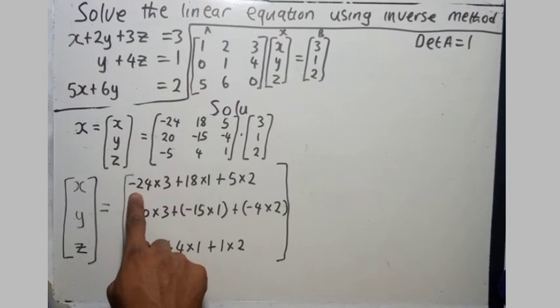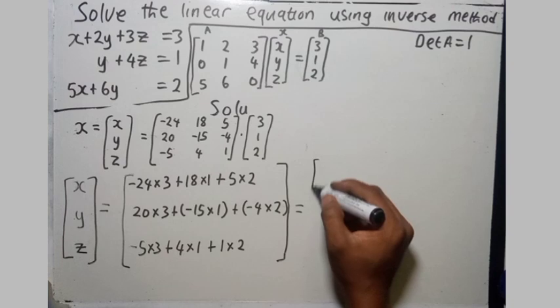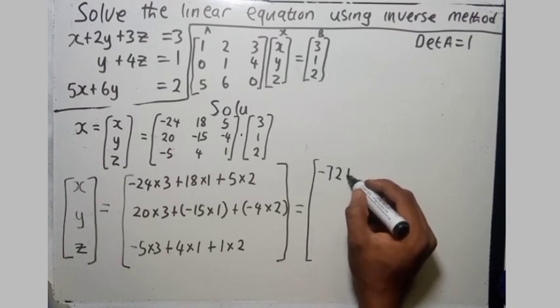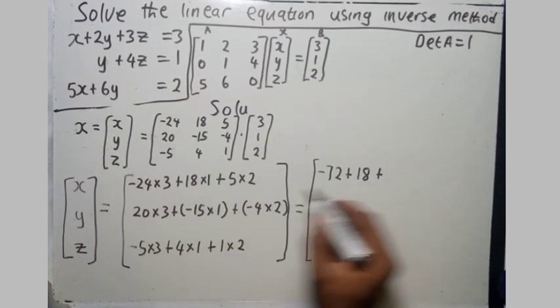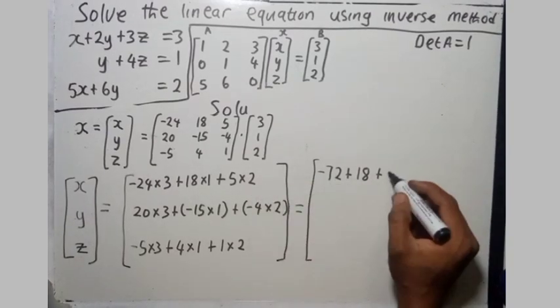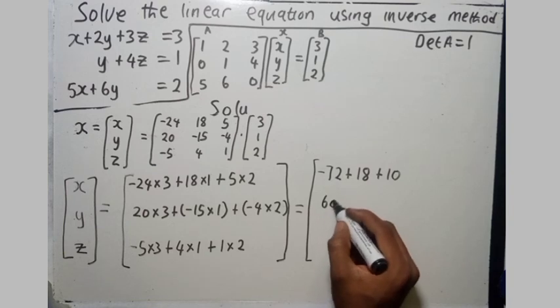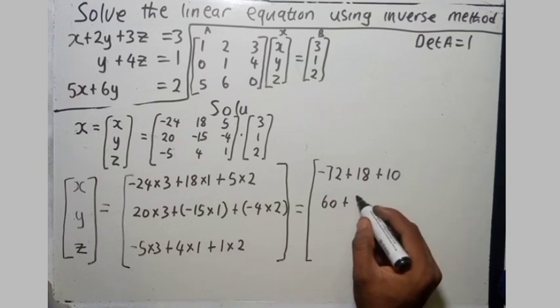Now minus 24 times 3 will give us minus 72, plus our 18 times 1 will give us what? 18, plus 5 times 2 will give us what? 10. 20 times 3 will give us what? 60, plus minus 15 times 1 will give us what?